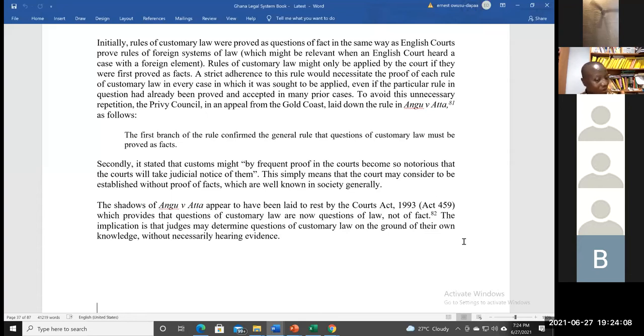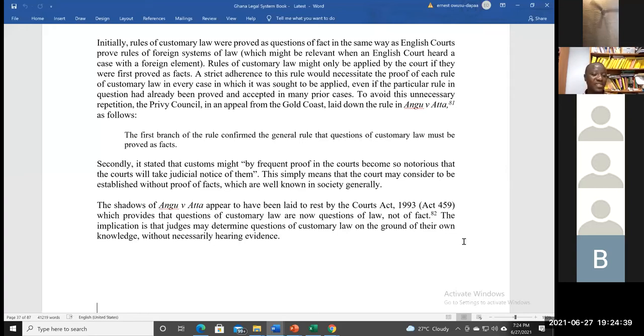Questions of fact are supposed to be established by evidence which the parties put before the court, and not by the judge or the lawyers doing their research. But questions of law are resolved by the judge doing his research with the assistance of the lawyers. So if you say that customary law is a question of fact, what that means is that the judge does not have the responsibility to carry out research to determine what the customary law is.